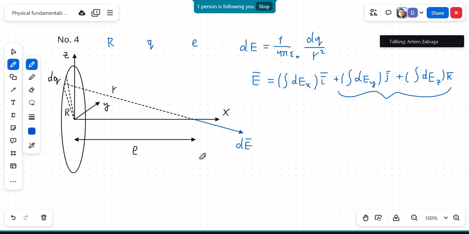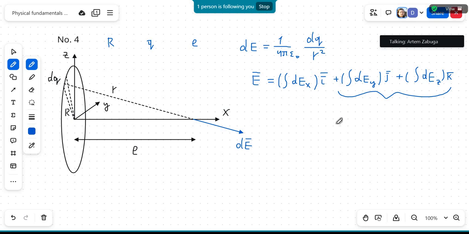So the electrostatic field will also have this symmetry, because an electromagnetic field always has the same symmetry as the system which produced this field.